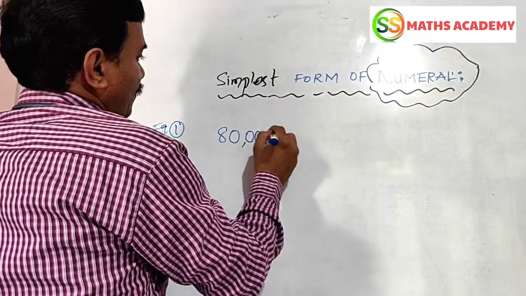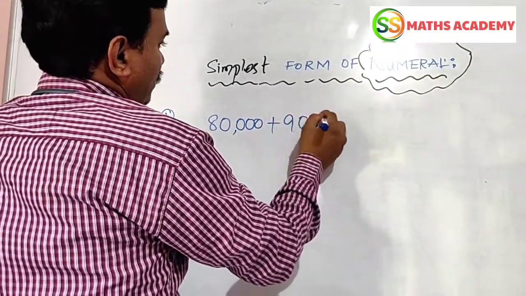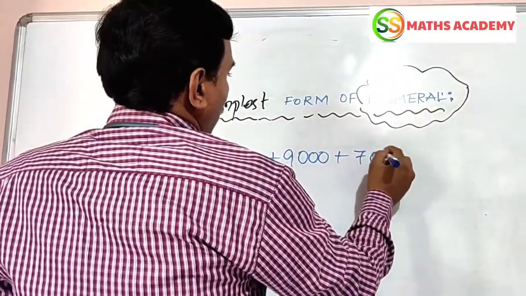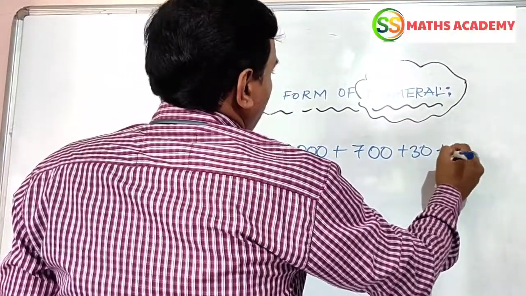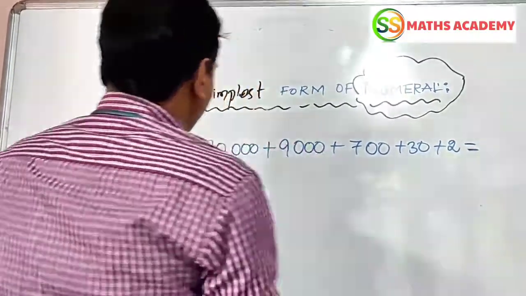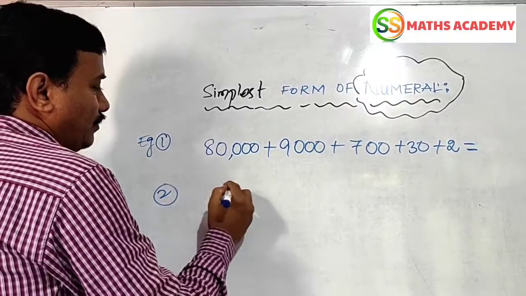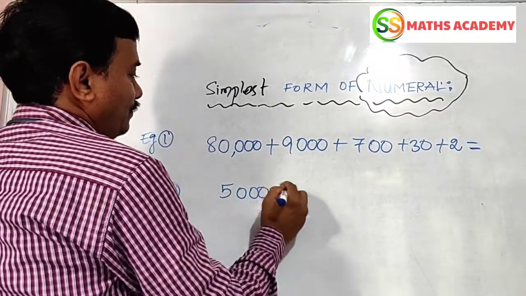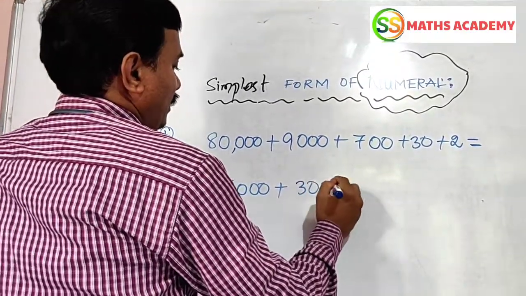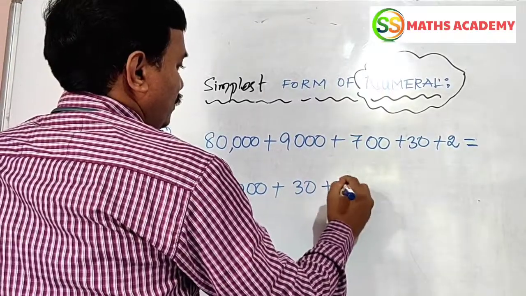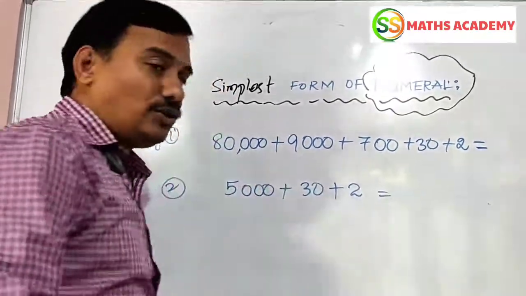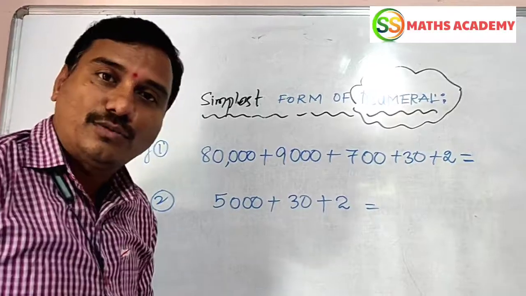80,000 plus 9,732. This is your question. Second example, 5,032. These are the two expanded form questions given on the board.